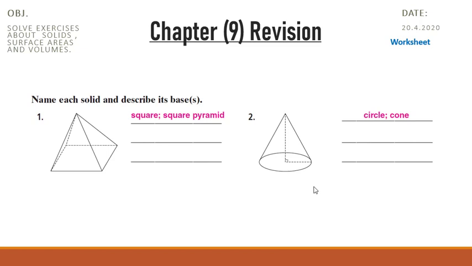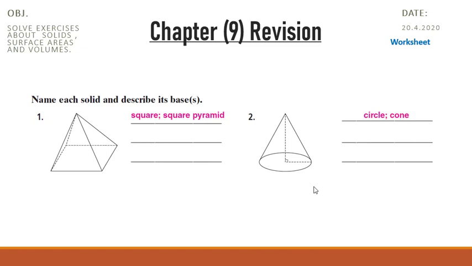What is the solid that has two bases in the shape of circles? Cylinder, of course. Great. What is the solid that has 6 faces, all are squares?